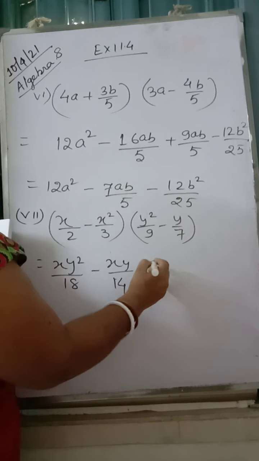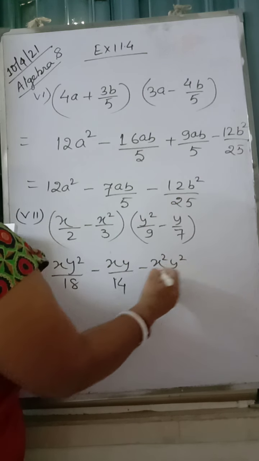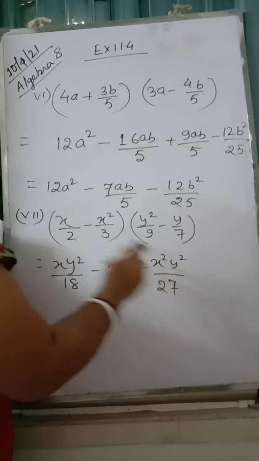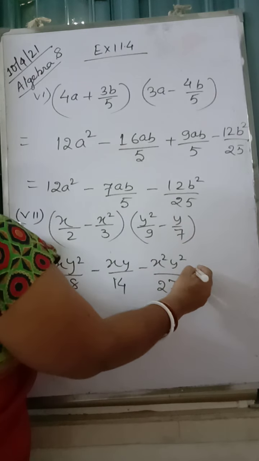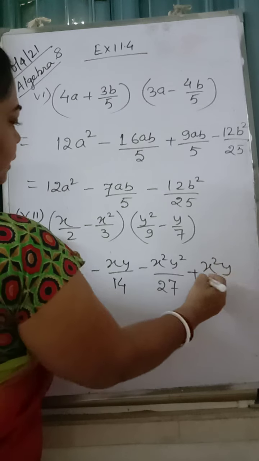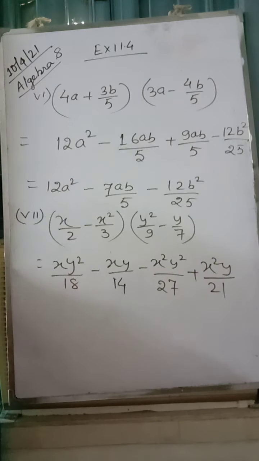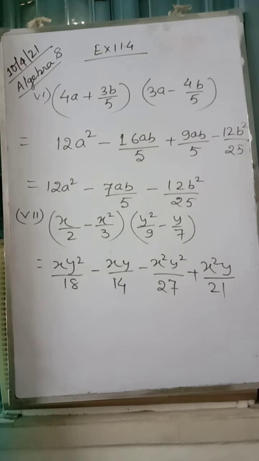Come here, minus x square y square by 27, minus times minus plus x square y by 21. Everything is in unlike terms, so we are not going to add it up, is it? So like this you have to multiply up to question number 10. Complete up to 10.